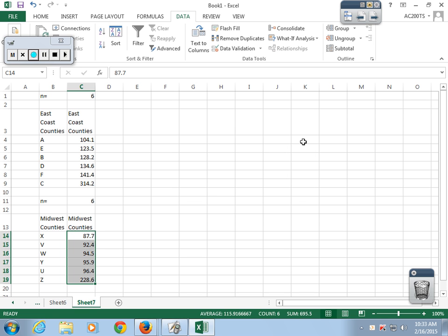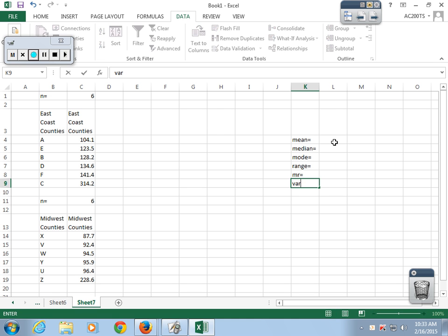Okay, so let's go over here. Mean, median, mode, range, mid-range. Are y'all listening? Variance, standard deviation.